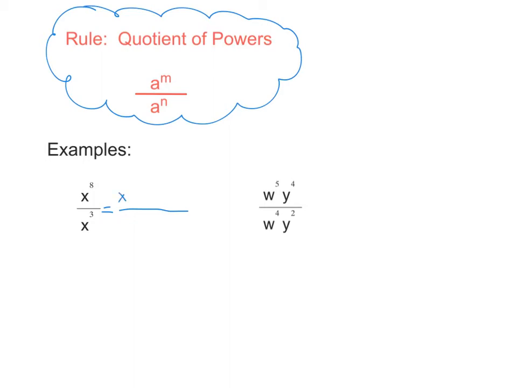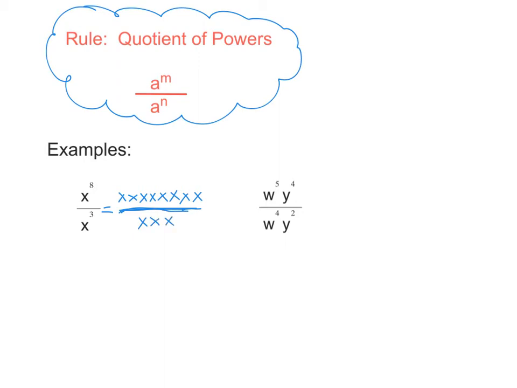So 1, 2, 3, 4, 5, 6, 7, 8. And then x to the 3rd power means x times x times x.